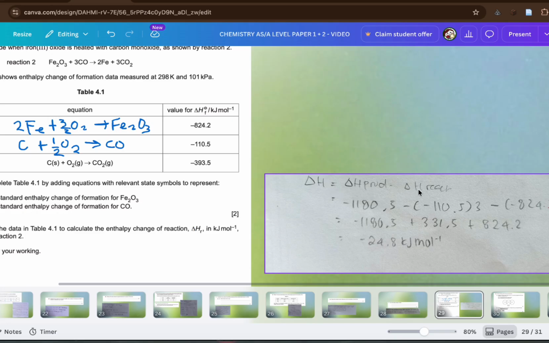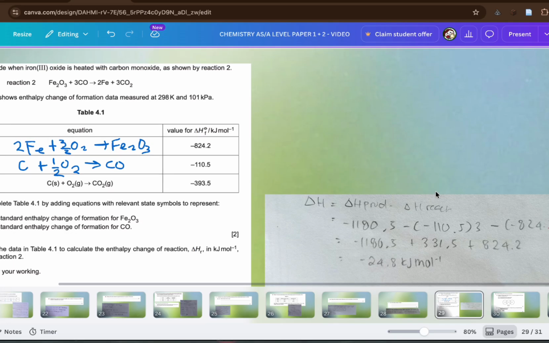Now we just have to plug it into the equation, which is enthalpy change equals enthalpy change of products minus enthalpy change of reactants. The products are carbon dioxide and iron, but iron has no enthalpy change, so it's 0.